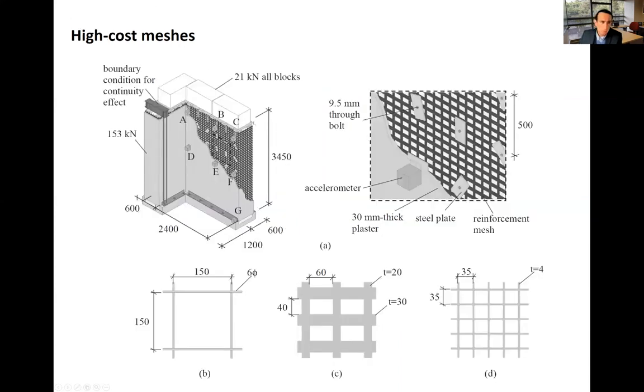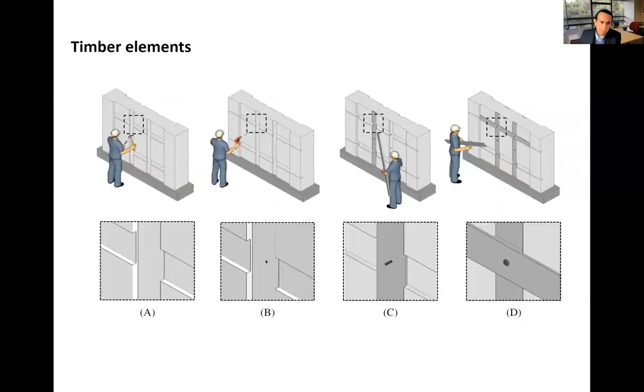Also, we have been working with other meshes, high-cost meshes, metallic or plastic or synthetic, that are attached to the wall through a bolt passing through the thickness of the wall.